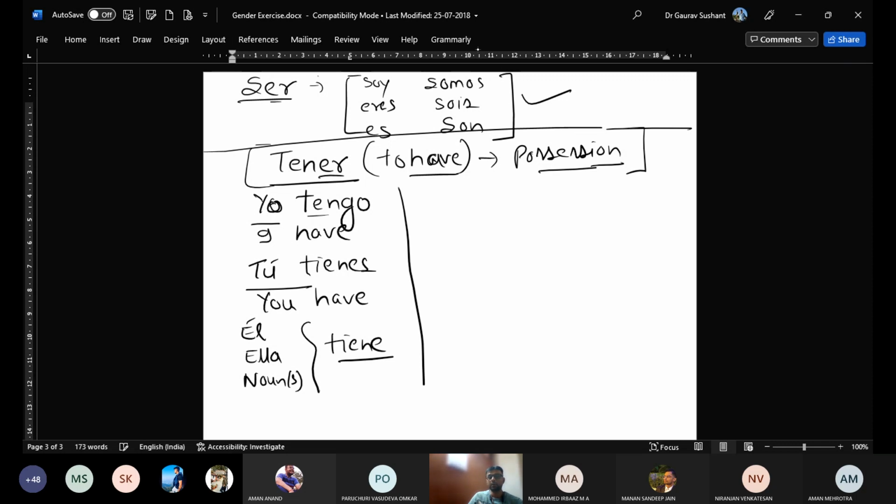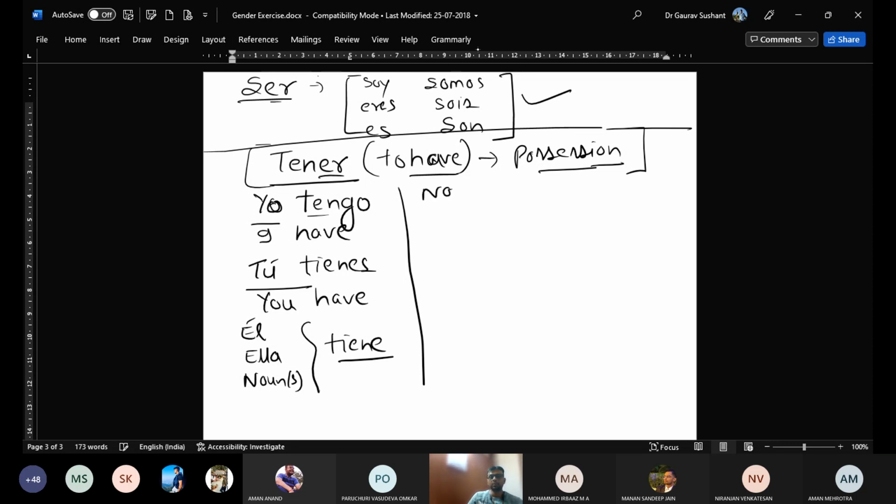Él tiene will be he has, ella tiene, she has, and if a noun is there as a subject and it is singular, it will be tiene. Like, what do you say, John has, then you have to use this: Juan tiene, María tiene, Carol tiene, Rahul tiene. Like that you can use it because names are all part of the noun.